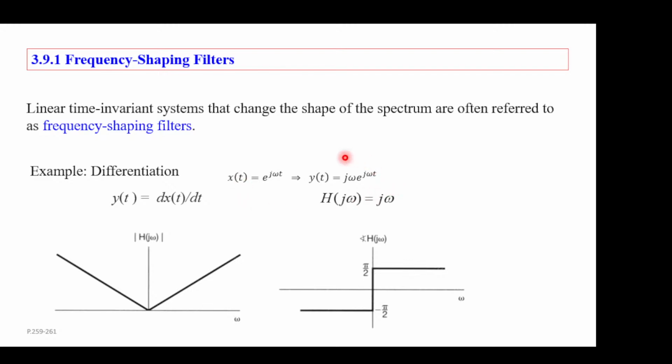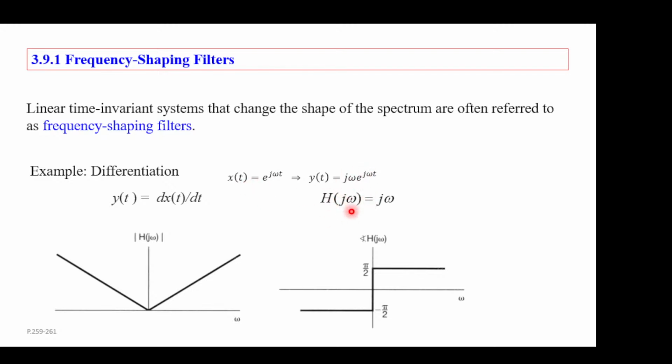Let's say we have differentiation as our LTI system, which means your output y of t equals dx/dt. Then you can calculate H of j omega by plugging in x equal to e to the j omega t.